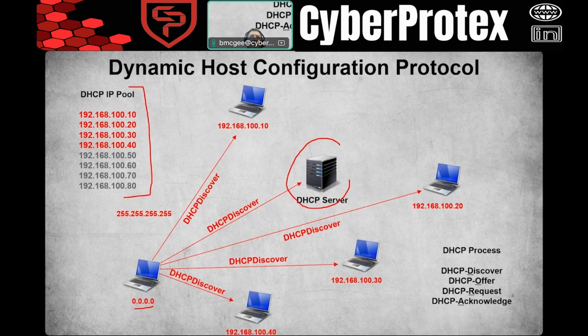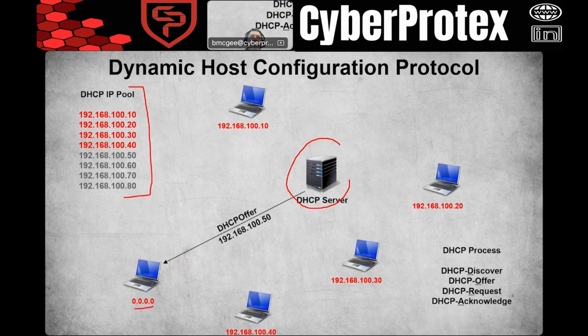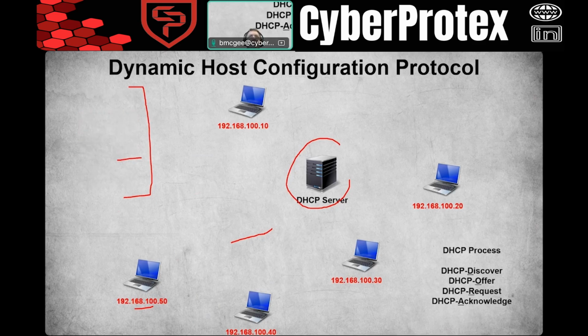The DHCP server will then offer back an IP address that's available, and then this guy will say, "Yep, I want that IP address," and the DHCP server would say, "Okay, I acknowledge that you want it, and I'm going to go ahead and assign it to you." And then now this guy can begin to talk on the network, which is kind of cool.